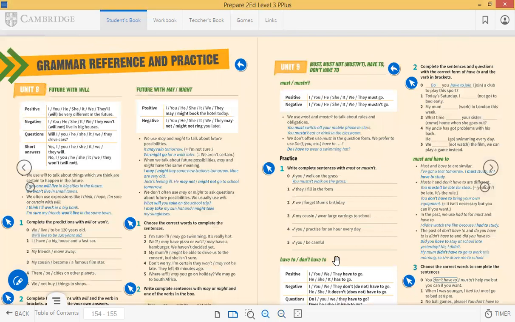Write the complete sentences with must or mustn't. Right there we have 0, with a cross, which means that sentence is negative. The number 1 has a tick, so that sentence is affirmative. So the number 0: you mustn't walk on the grass. Mustn't walk, do not use to. Correct? Okay, so how is the number 1? It is affirmative.